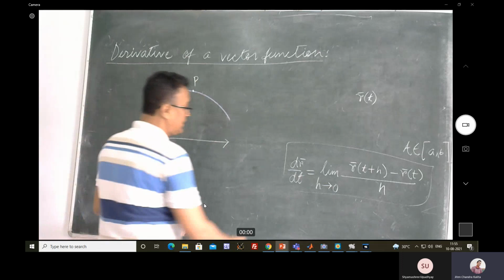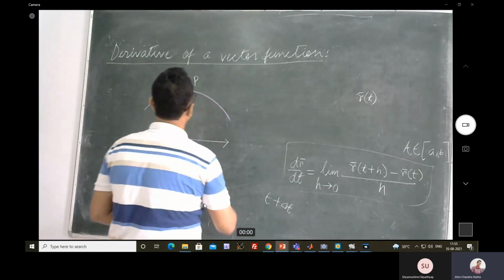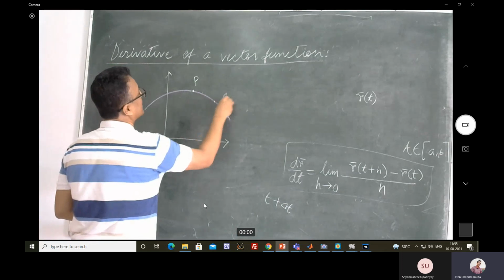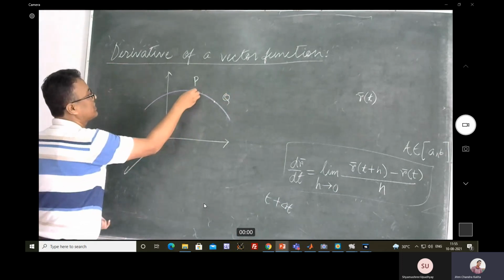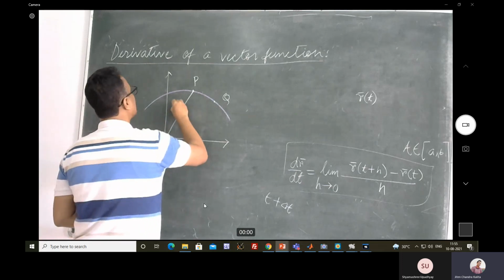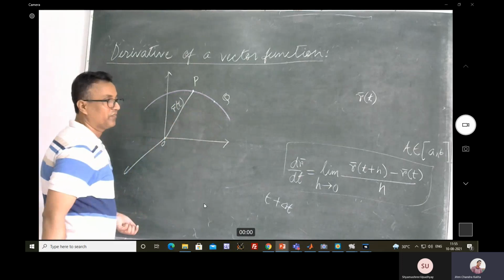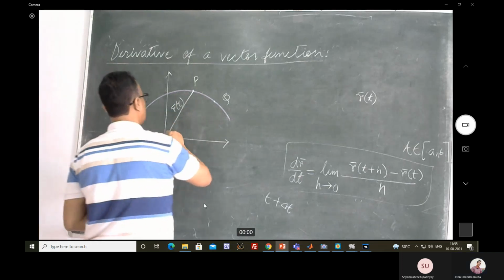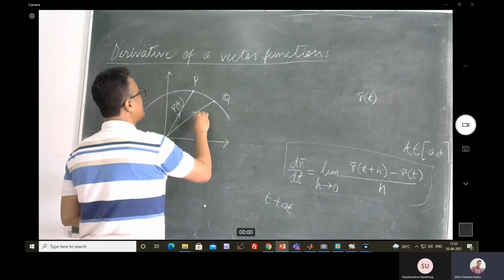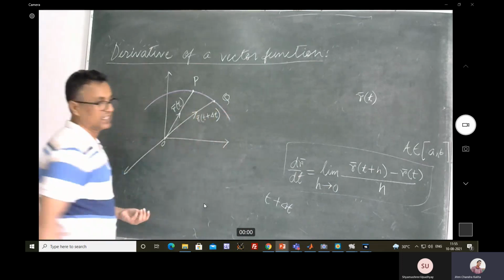Okay, and then at time t plus delta t, the location of the particle is somewhere here, so Q. That means if I draw this vector, this is simply going to be r(t), and this is simply going to be r(t plus delta t).